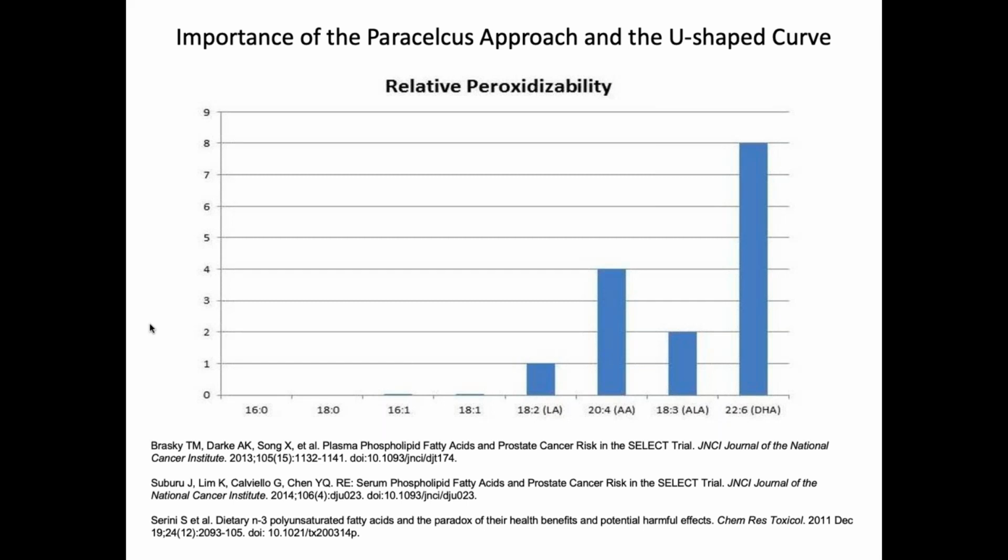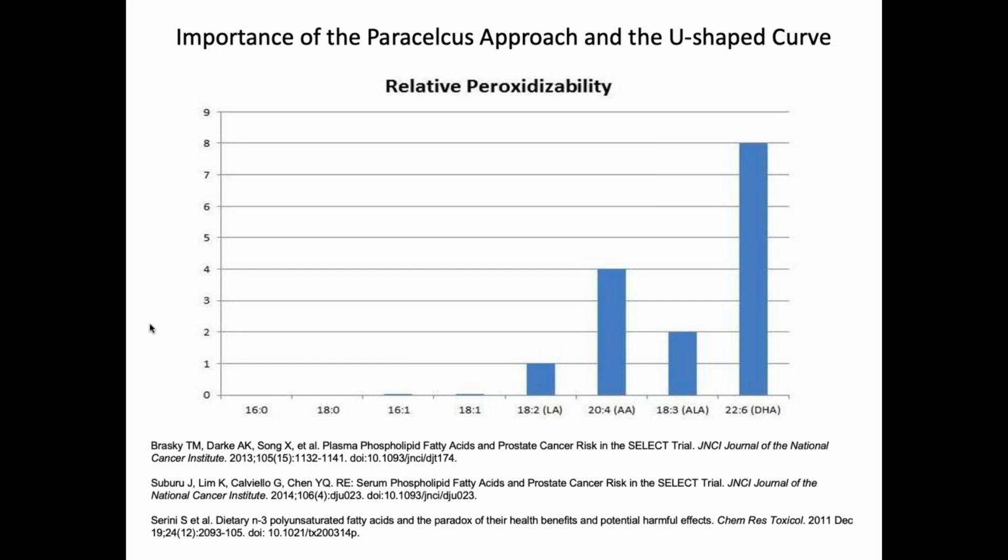Oxidation is a mechanism that generally destroys functional components of our cells, makes them less viable. It's a big part of the aging process. So we're trying to become as resistant to oxidation as we can. And that's where minimizing our physiological levels of some of these highly polyunsaturated fatty acids is an advantage.